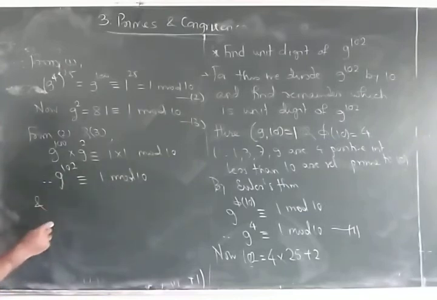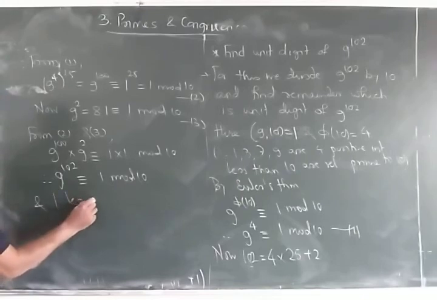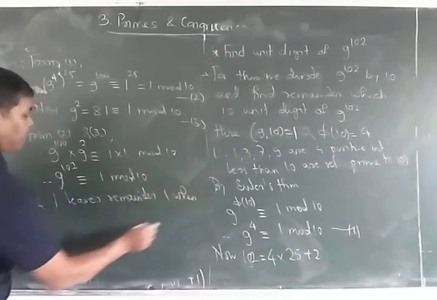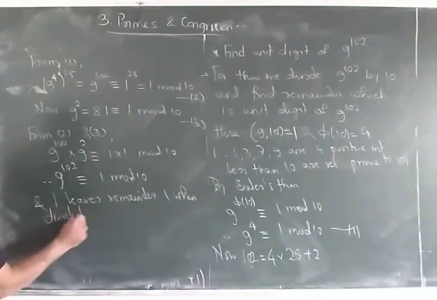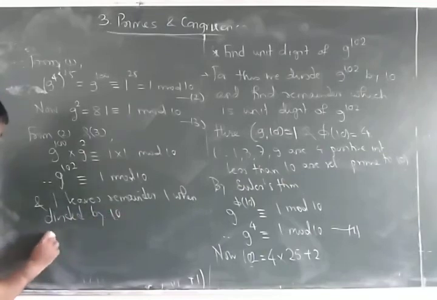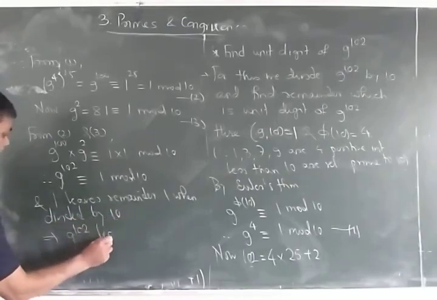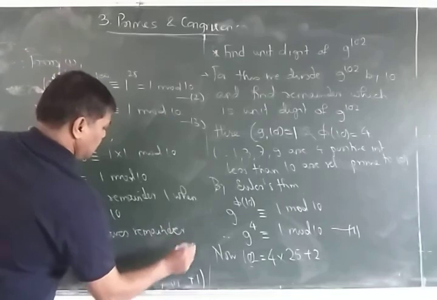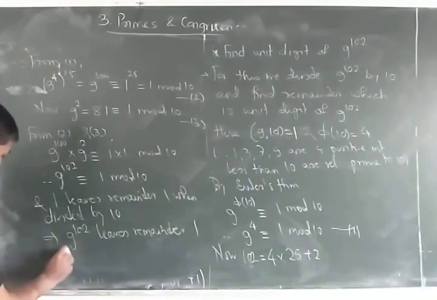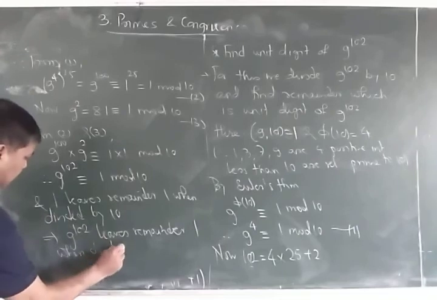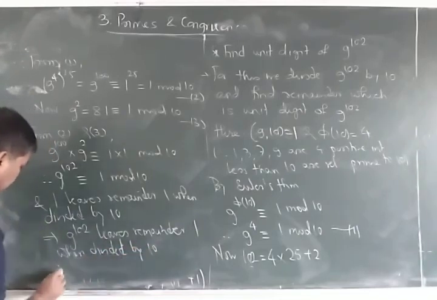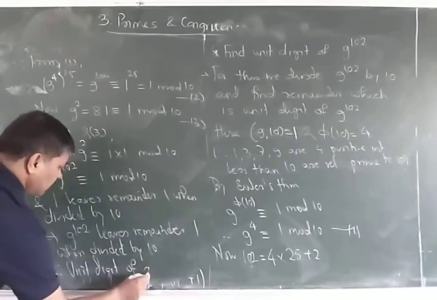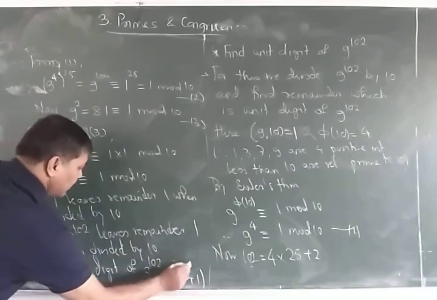And 1 leaves the remainder 1 when divided by 10, and therefore 9 raised to 102 leaves the remainder 1 when divided by 10. Therefore the unit digit of 9 raised to 102 is 1.